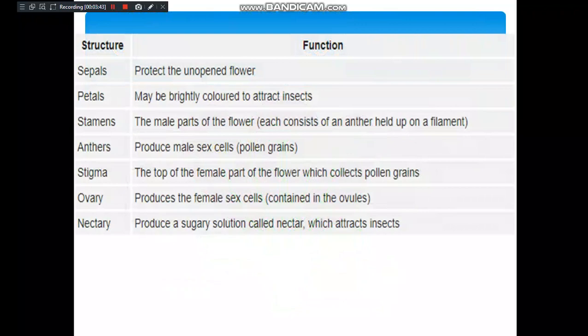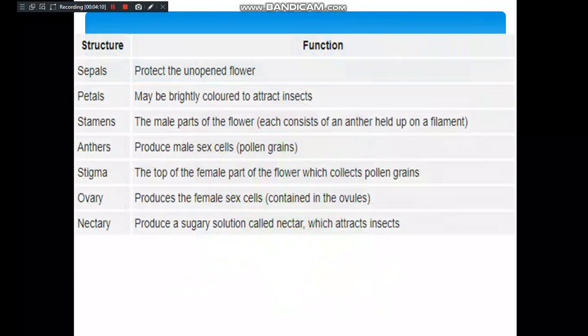And then we have the stamens. The stamens are the main parts of the flower, as I have earlier said, each consisting of an anther held up on a filament, and inside the anther there are the male gametes, which we call pollen grains.